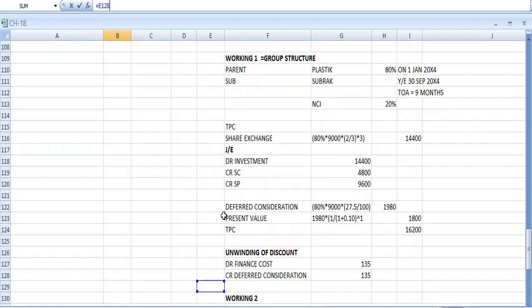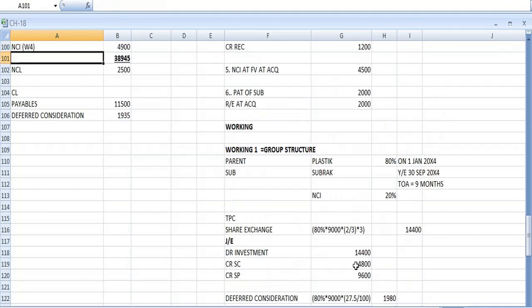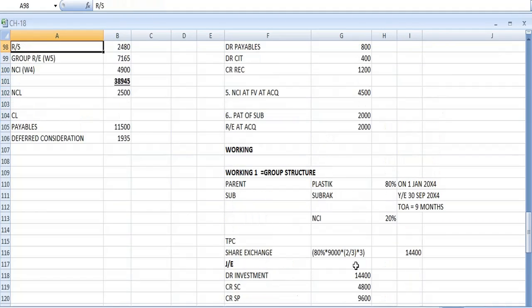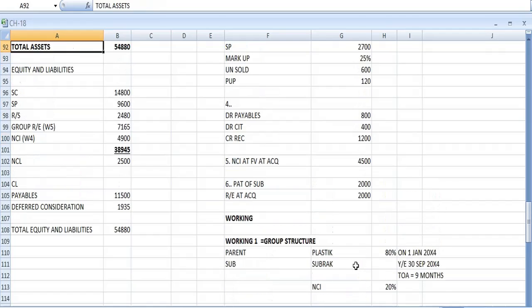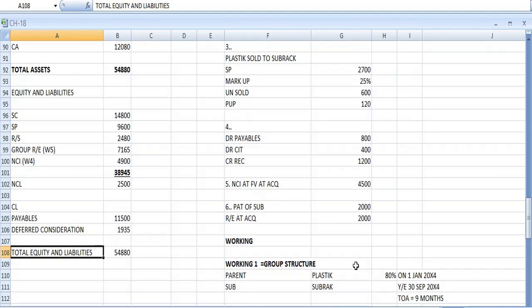Yeah, so we will add the present value plus finance cost. Okay, so total equity and liabilities equal to total assets. Both match. Yes, so it means our statement is correct.